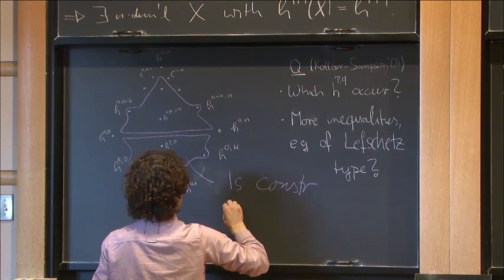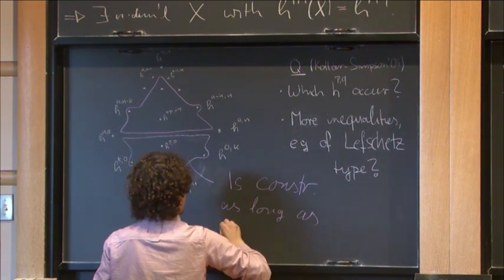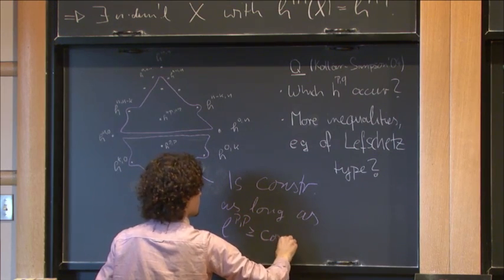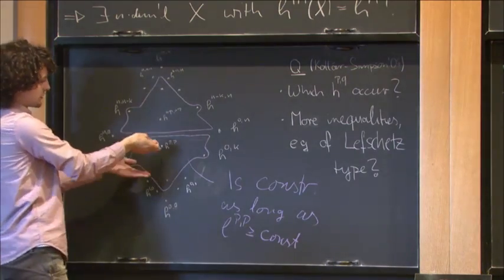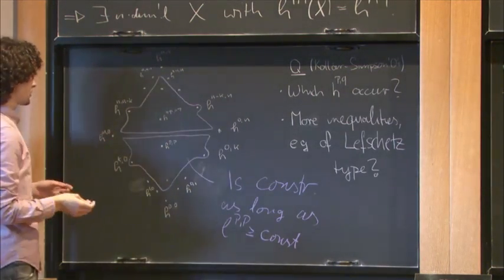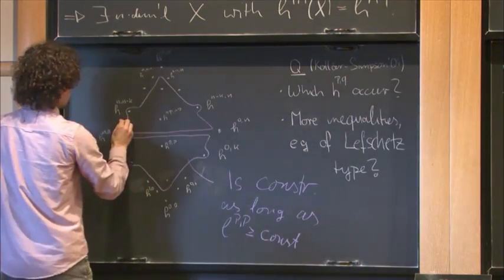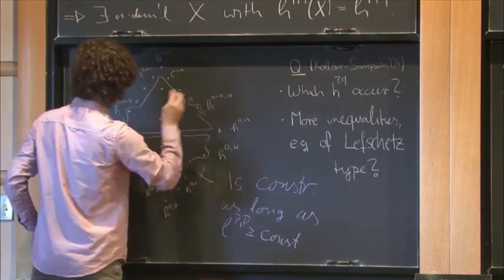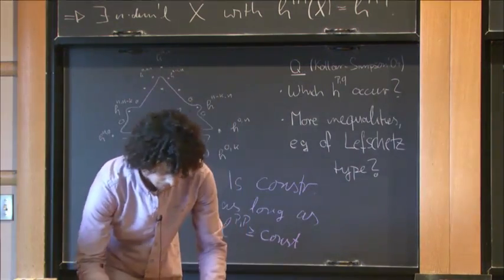And this is constructible as long as these h^{p,p} grow in a certain sense. So the difference has to be larger than this constant. And, well, we have zeros here. So, okay, that's the result.